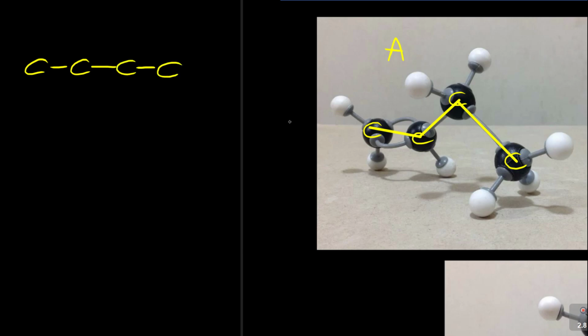But look at the first two carbons, we've got a double bond. Are you with me? There is a double bond there between carbon and carbon. Then when I'm drawing my hydrogens, the first carbon has two hydrogens, and the second carbon has one hydrogen. It doesn't matter whether you put it on top or at the bottom, it's the same.